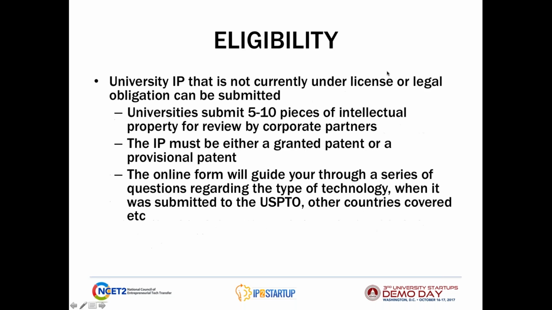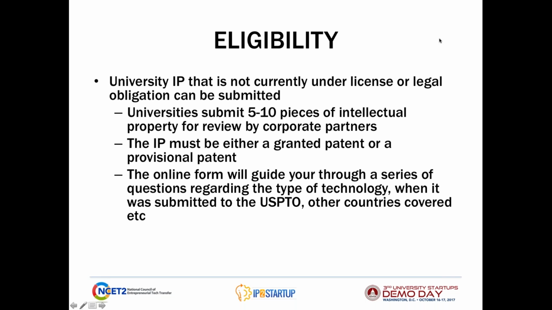So what is eligible to become technology for licensing? First of all, you've got to have intellectual property that is not currently under license or legal obligation to anyone. So if it's under any type of obligation, it can't be submitted. But you can submit pieces of intellectual property, 5 to 10 pieces, for review by corporate partners.